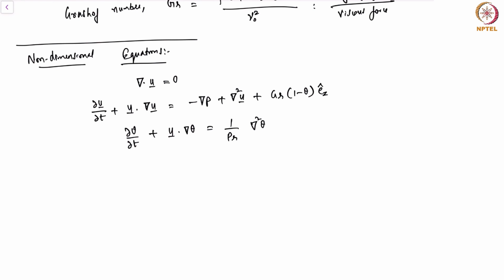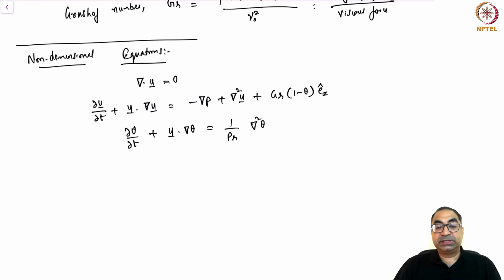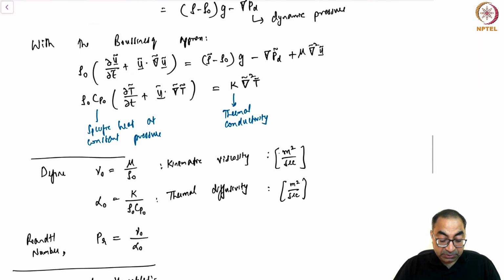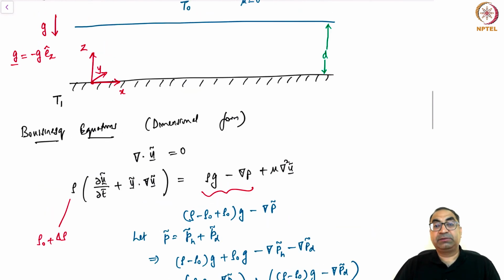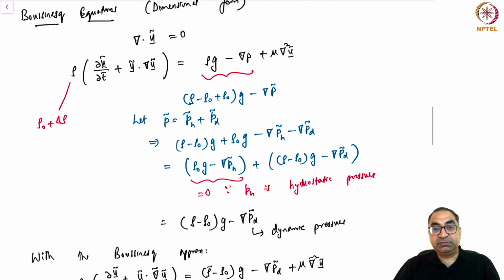So I think this is a good time to stop. What we have done in today's lecture is to start with the governing equations for the Boussinesq approximation for a fluid heated from below. We've written down the equations in non-dimensional form.